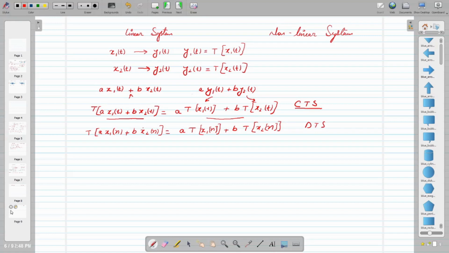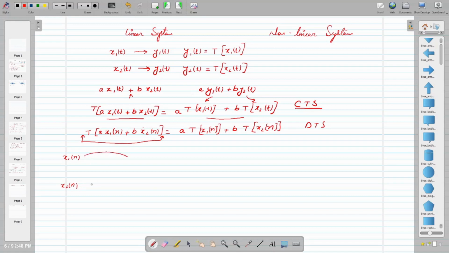Now we can also represent this as a block diagram to make it clearer. On the left hand side, we have two inputs, x1[n] and x2[n].